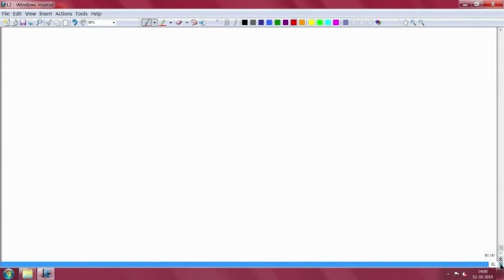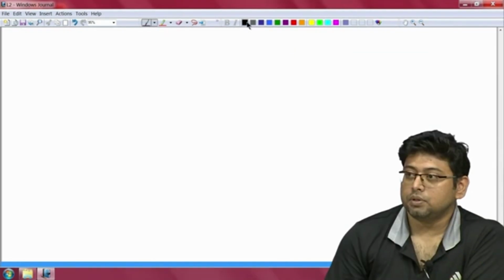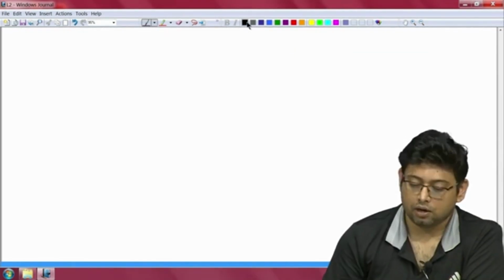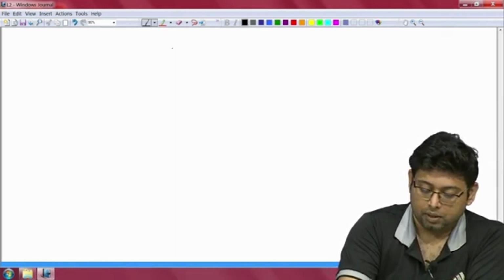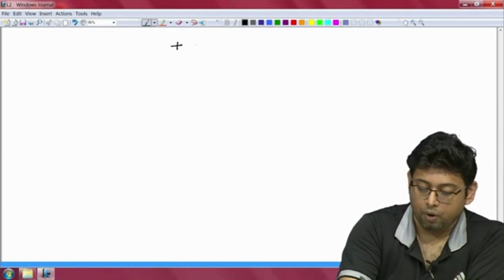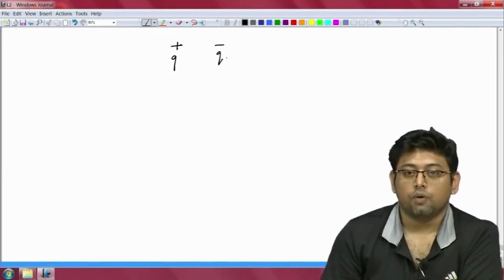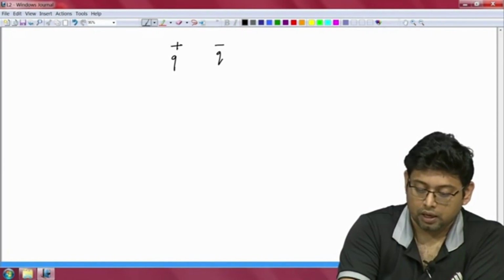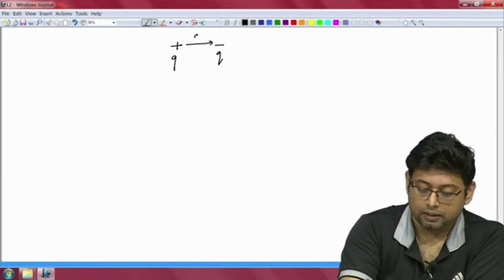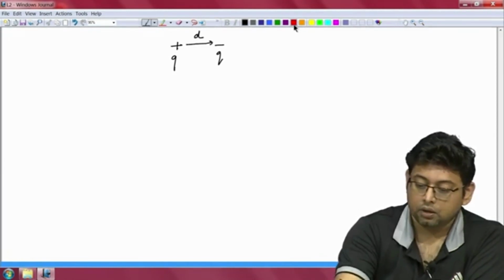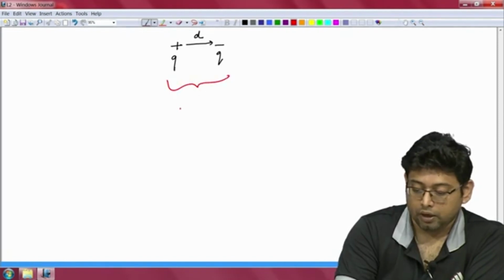If you remember from your undergraduate or high school level physics, a dipole is created when you have two charges which are separated from each other by a certain distance d, and this entity is called a dipole.